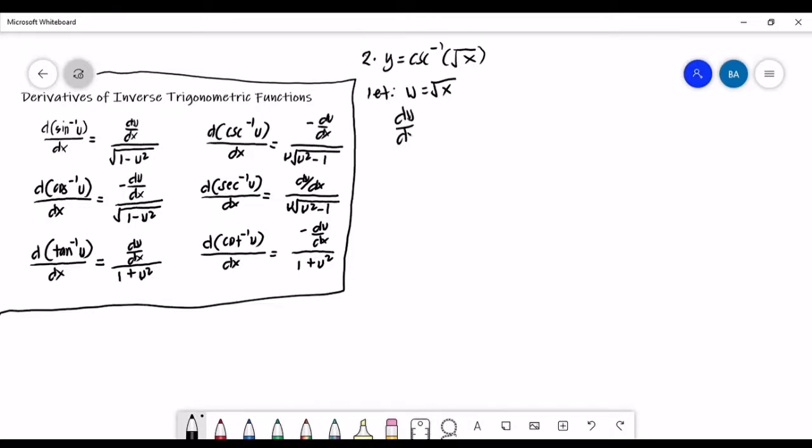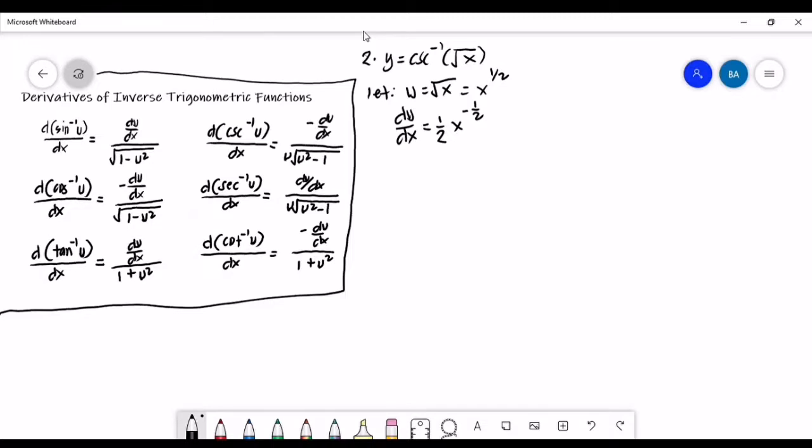The derivative of u with respect to x is x raised to 1/2, and then we bring down the exponent, 1/2 x raised to 1/2 minus 1, times the derivative of x with respect to x, which is already dx over dx, equal to 1. So we must stop here. Our du/dx is equal to 1/2 x raised to negative 1/2.